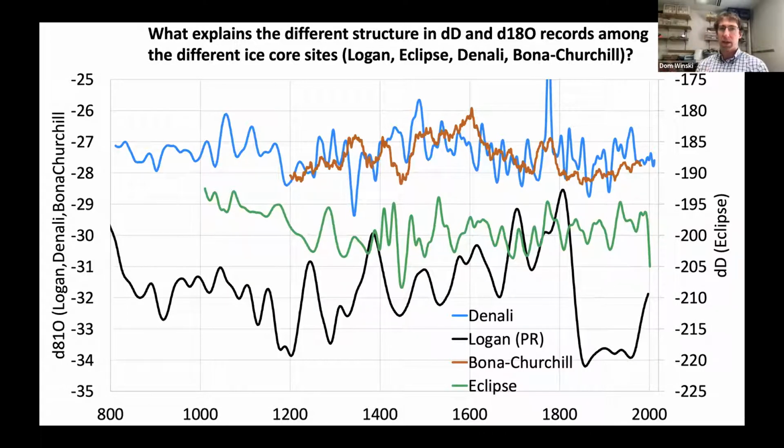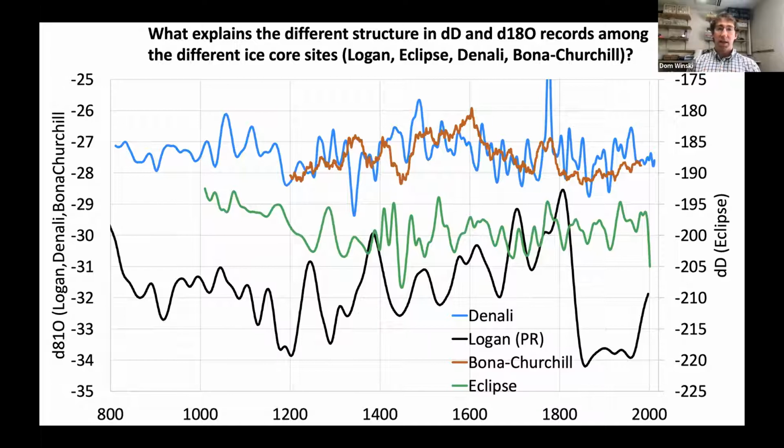The first is that these different ice core records exhibit different seasonality, so that perhaps one record, such as Eclipse, has a lot of snowfall in the winter, so that has a wintertime bias toward what is being recorded in the isotope record. Whereas perhaps another record might have a summertime bias, and that explains the difference.